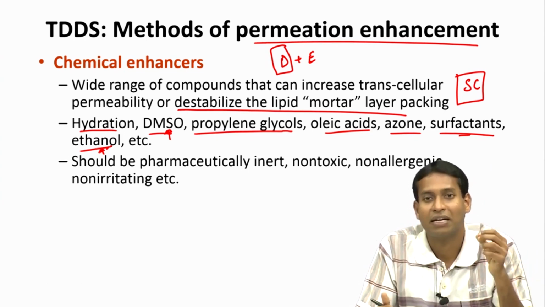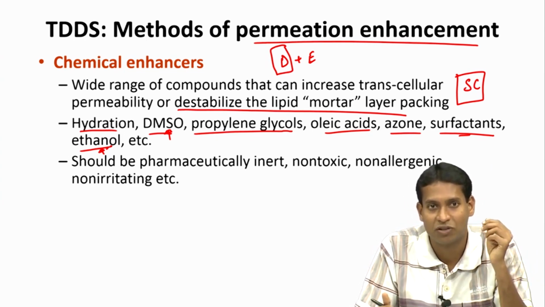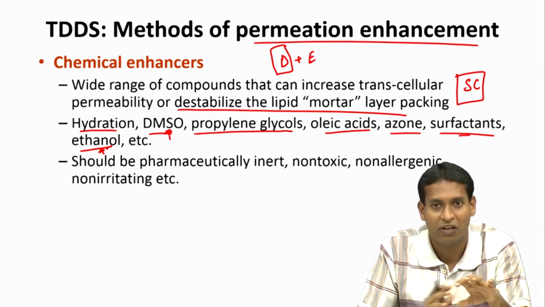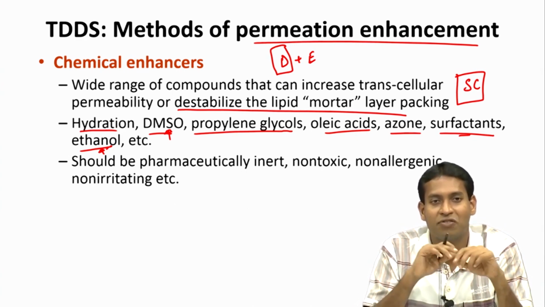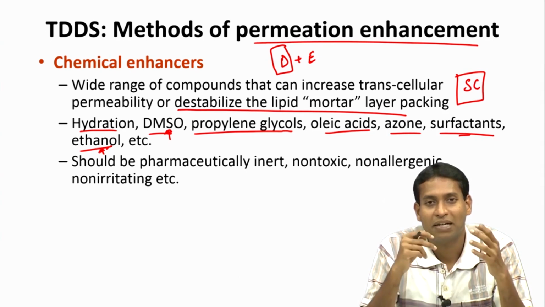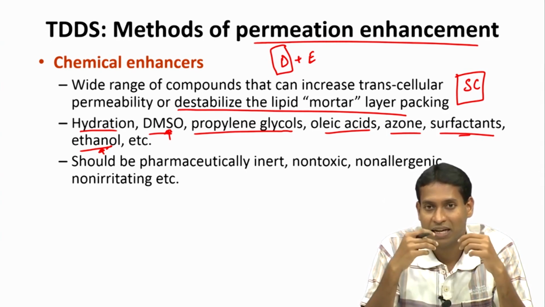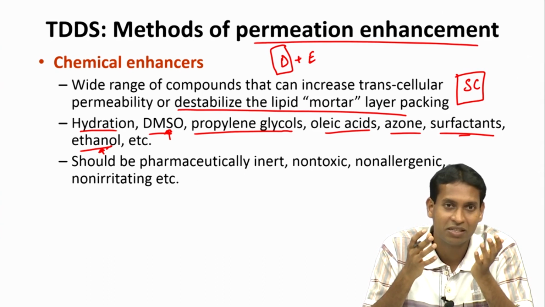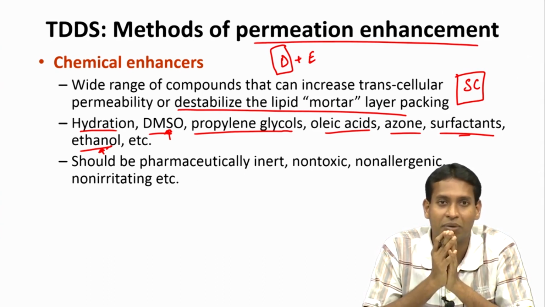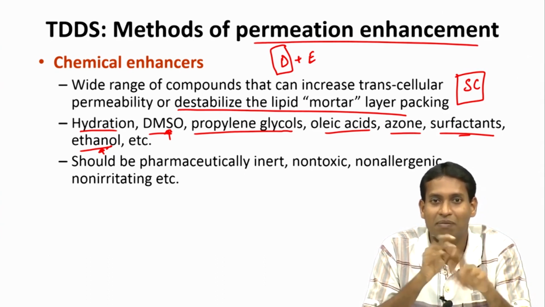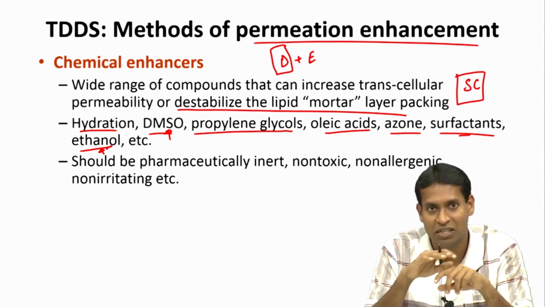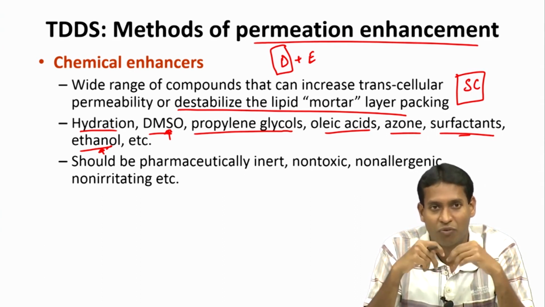And then not only that, even if let us say it is not building up too much level, even if you are putting it on a small patch of your skin, the problem there is you have to make sure that area is sterile and is maintained sterile for a few hours, because what you have now done is you have destabilized this lipid mortar layer, which was obviously essential in protecting you from foreign pathogens.